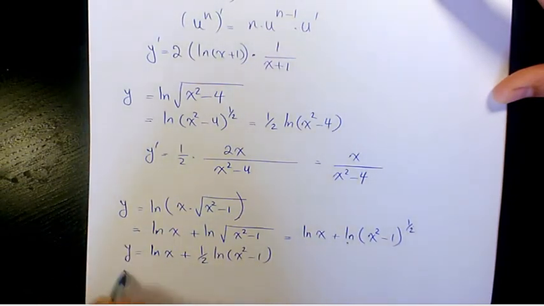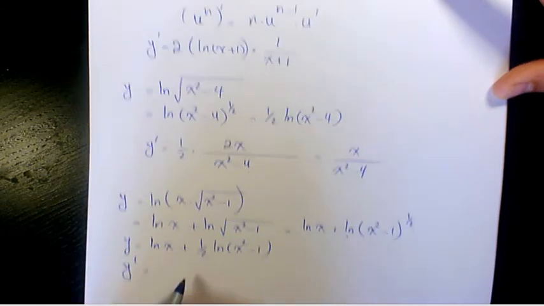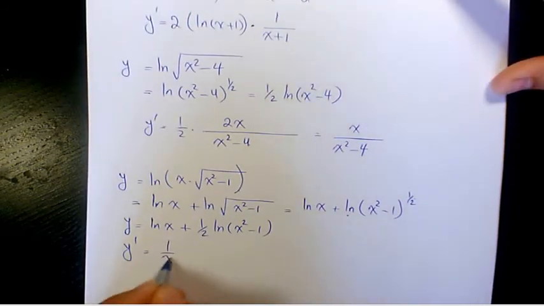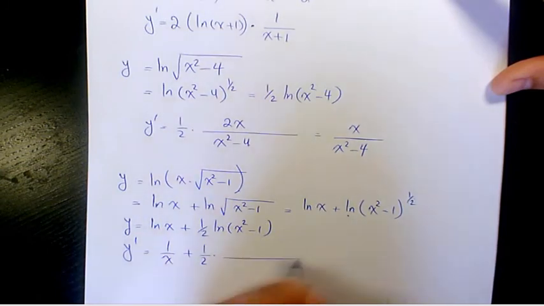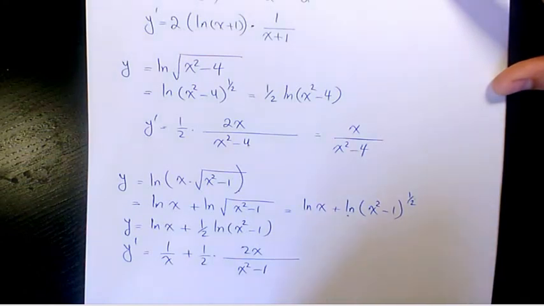Now I'm going to have the derivative of ln x is 1/x plus 1/2 times the derivative of x squared minus 1, which is 2x over x squared minus 1. That's going to be the derivative of this function.